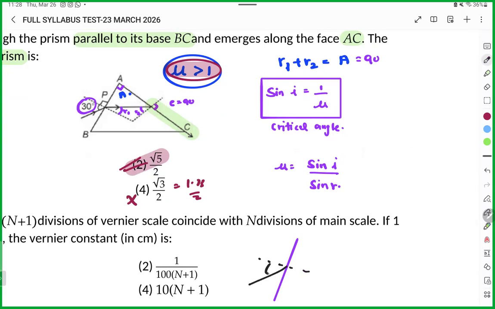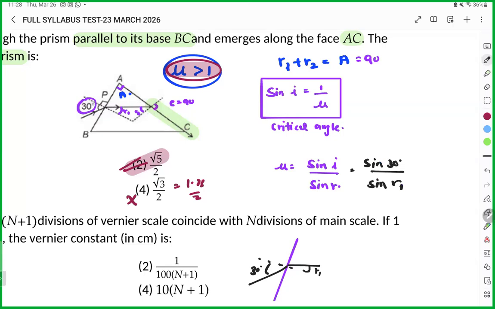This angle is 30 degrees. If this is 30 degrees, it is going like this. So this angle is R1. So the incident angle is 30, and your sine R value is R1. Correct? Any doubt?